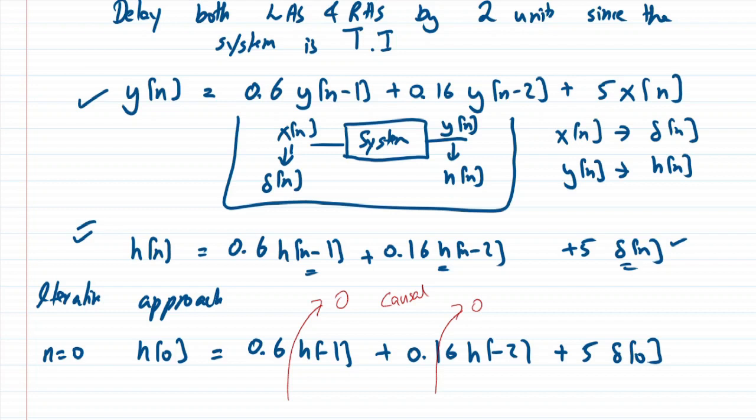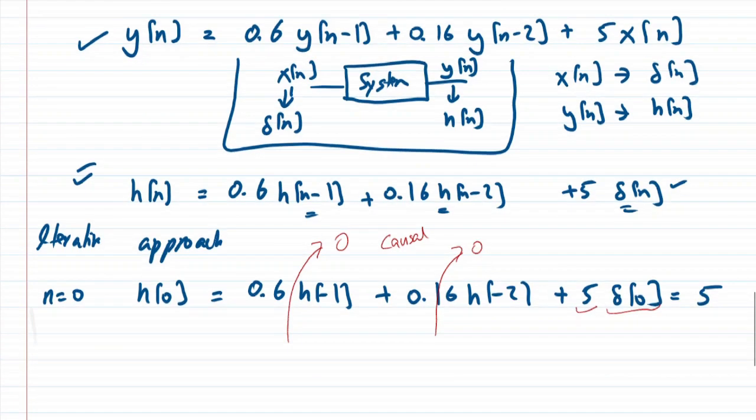For causal systems, the impulse response always starts from 0 and goes onward, right? It can never be from the left, that is minus 1 or minus 2, and so on. Similarly, the delta function is simply 1, and 1 multiplied by 5 yields 5. So h naught, that is h of 0, is simply 5.